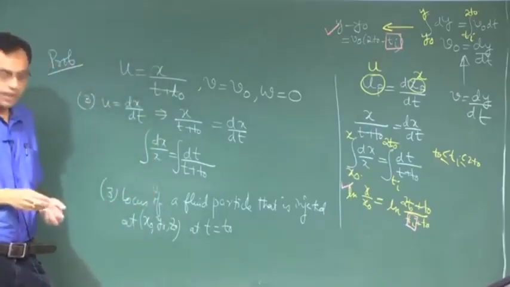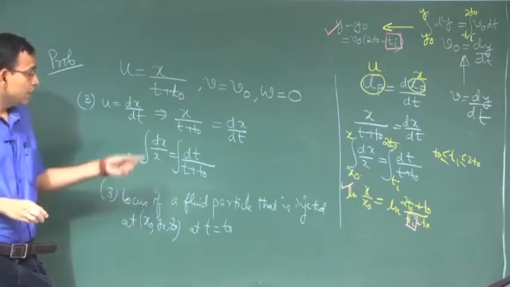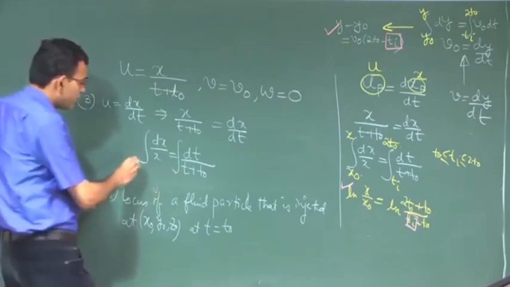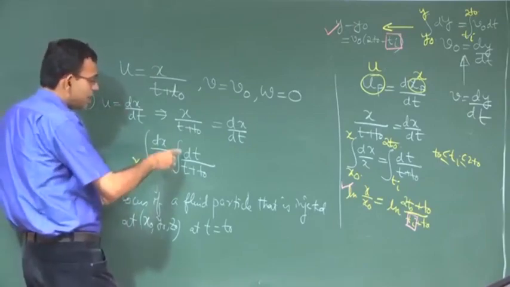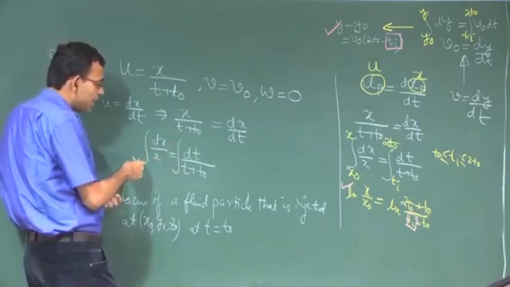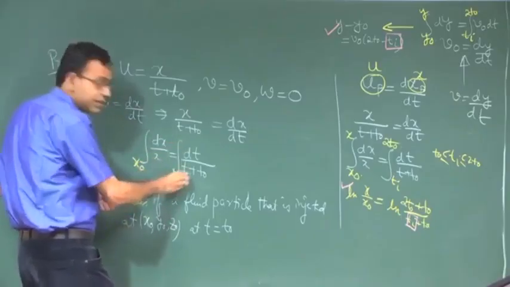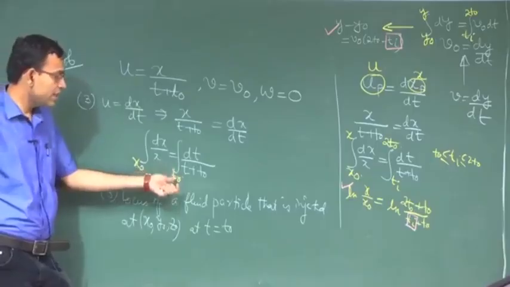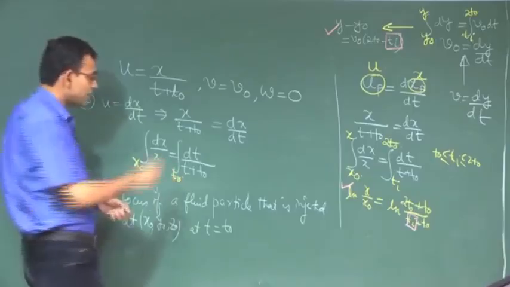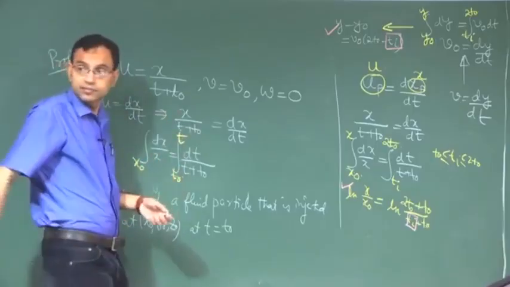What are the limits of integration now? Now at x equal to x0 the particle is injected at which time? t0. Now this t0 is fixed, what is variable now is this t, right.